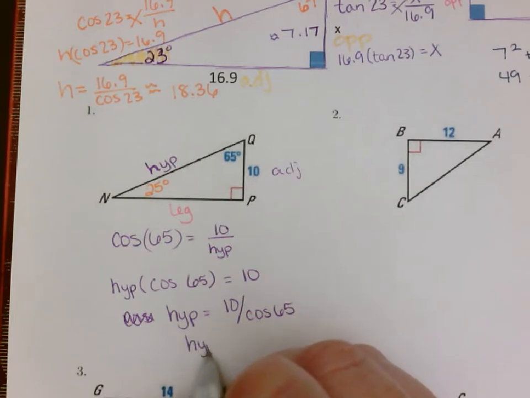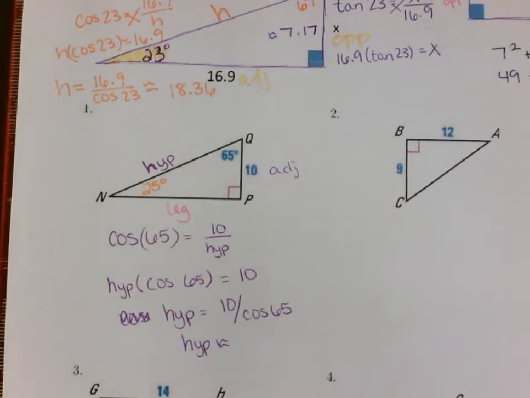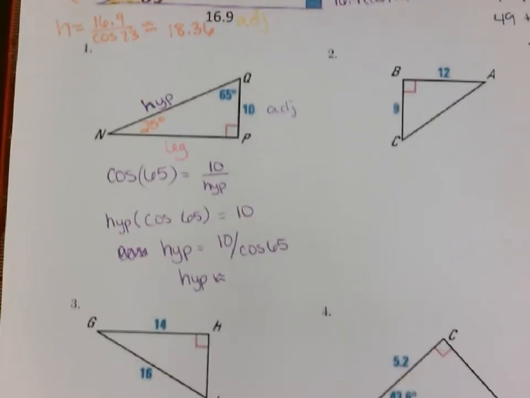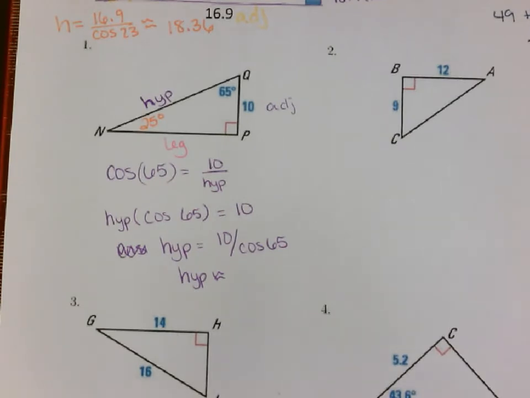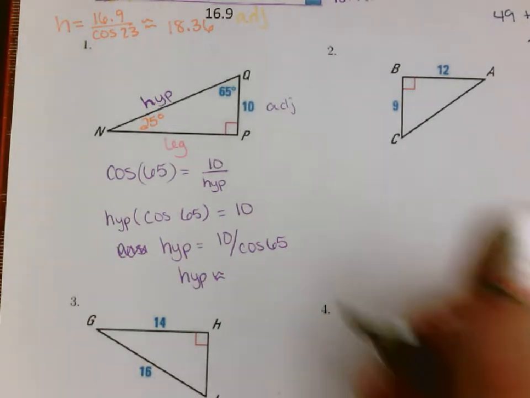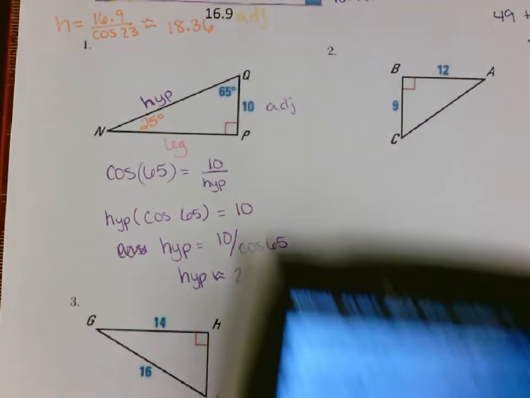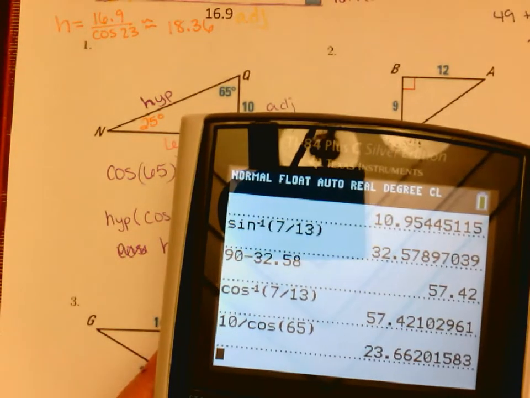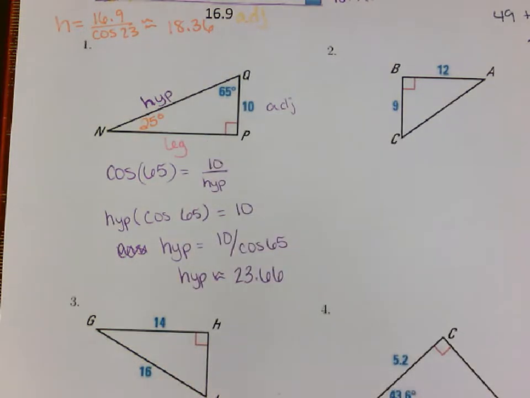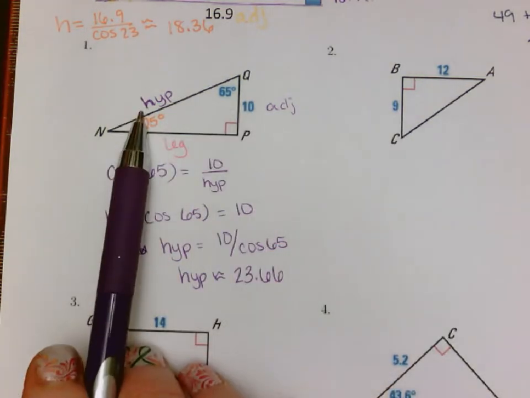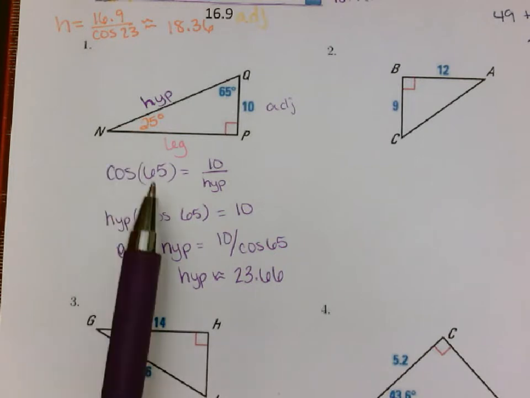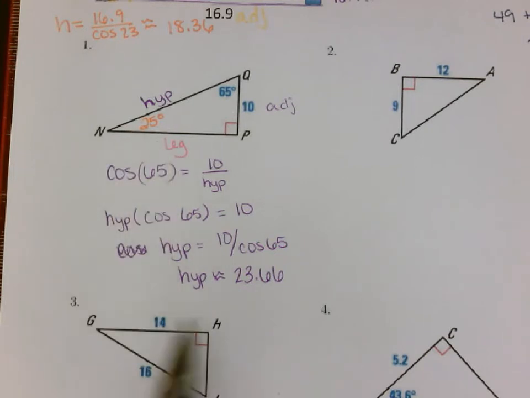So the hypotenuse is approximately 10 divided by cosine of 65, which is approximately 23.66. That does make sense because this is 10 and 23.66, so I could use trig to find this leg, or I could use the Pythagorean theorem. I'm just going to use some trig.